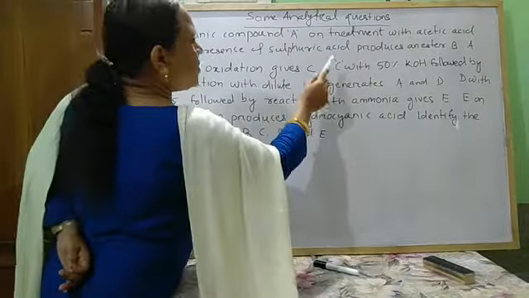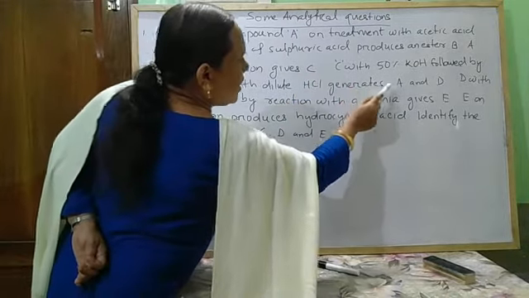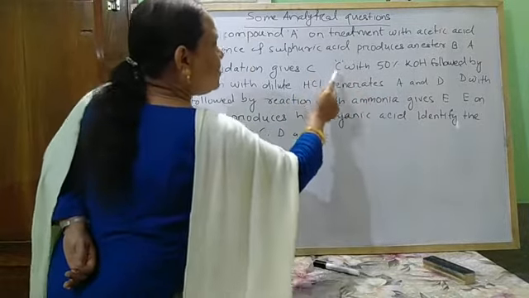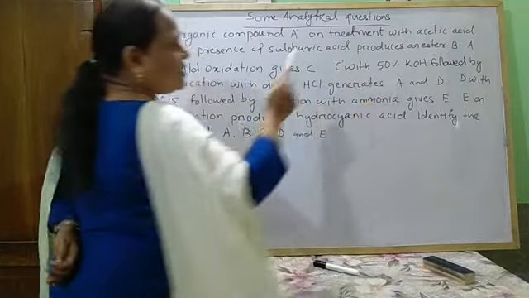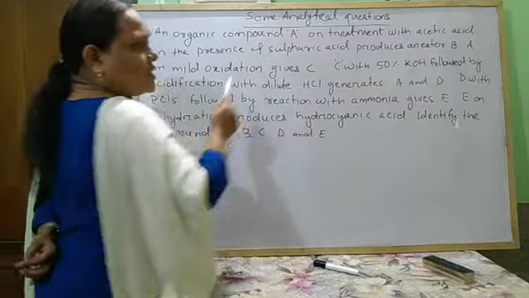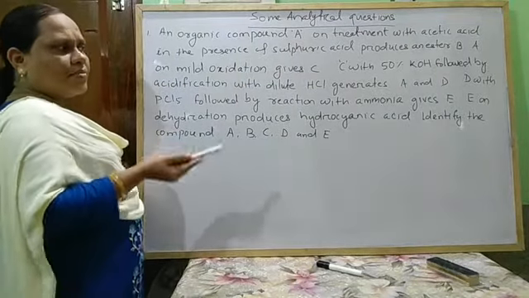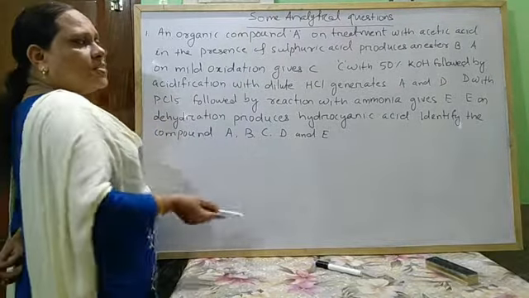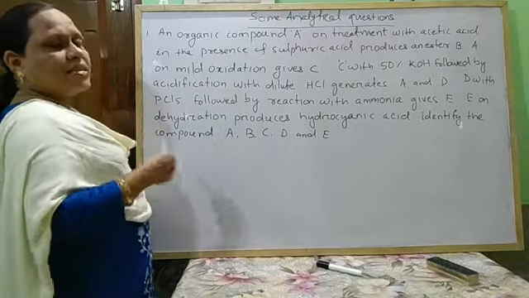But here two products A and D are given. As it gives two products A and D, that means this aldehyde is formaldehyde.